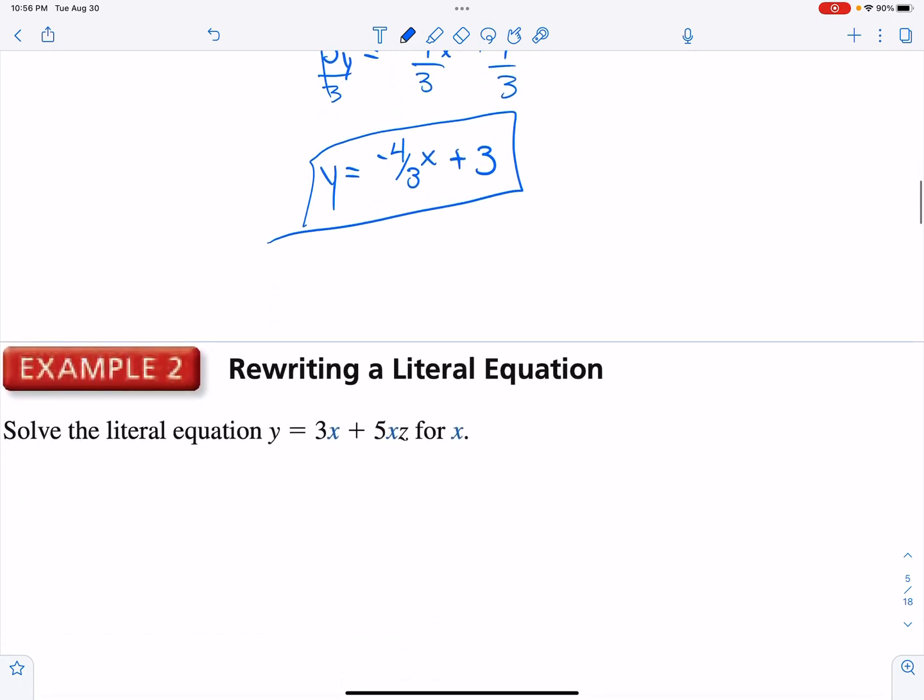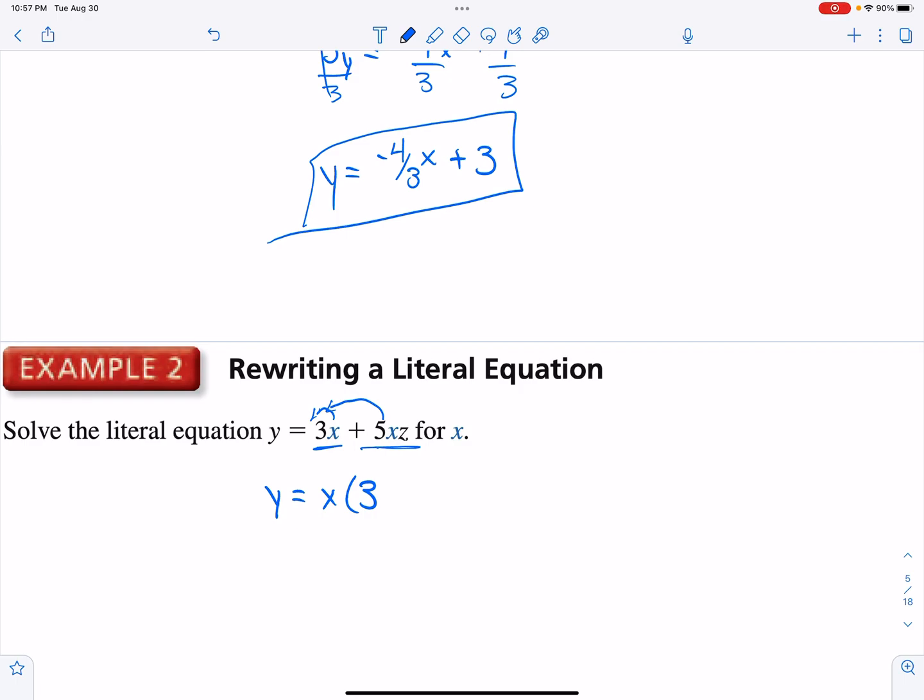This one is similar. We're not going to have these on the test, but it wants us to isolate for x. Now this one's kind of tricky because I really can't isolate the x because it's in two terms, and these two are not like terms. One has just an x, the other one has an xz. So the first step I'm going to have to do essentially is reverse distribute. We're going to learn about what this is called later on. It's actually called factoring. But I'm going to take a factor of x off of both terms.